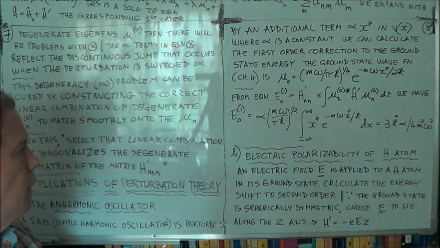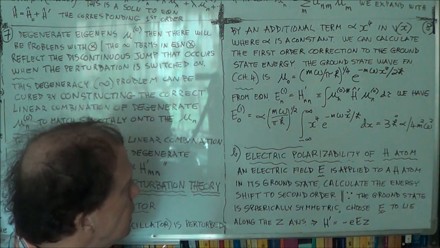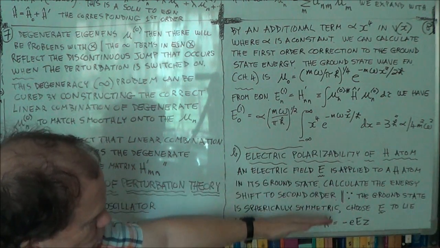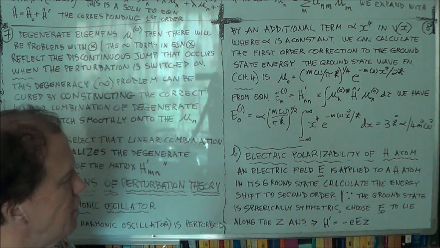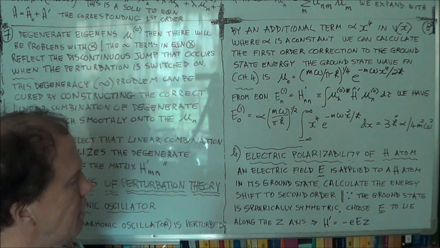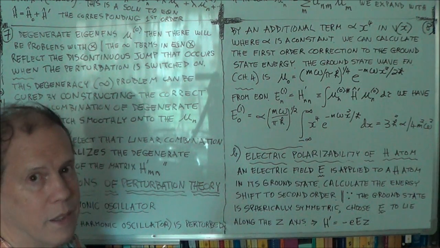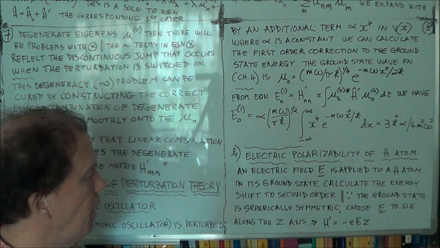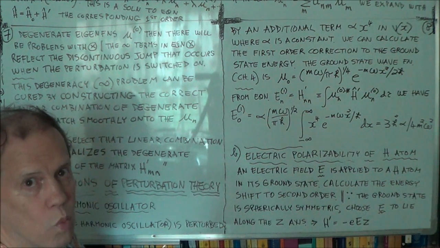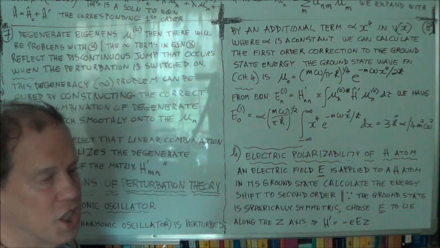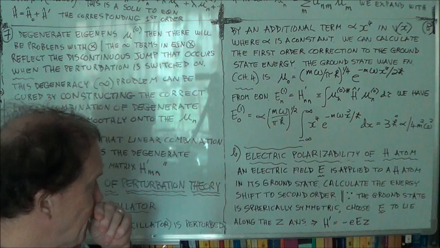Alright, second example. I have just enough lines, before running out of board, to introduce what the problem is, what the application is, and to explain what the perturbing Hamiltonian, H dashed, is.